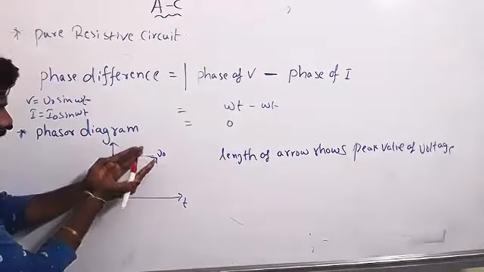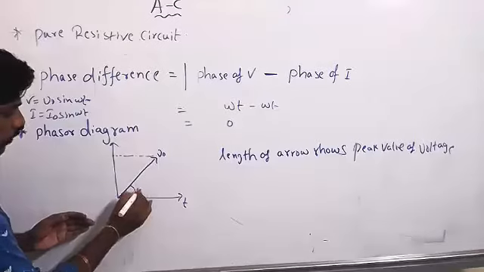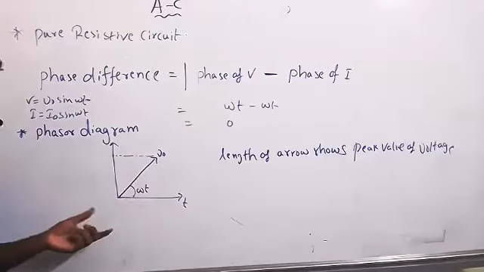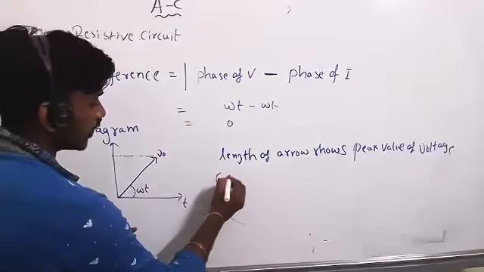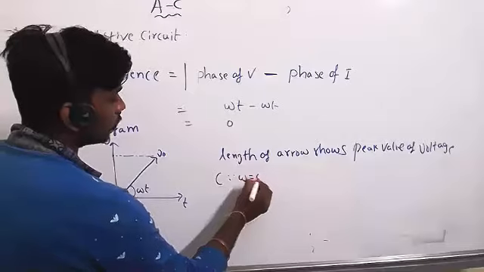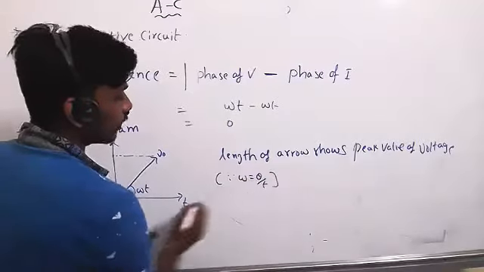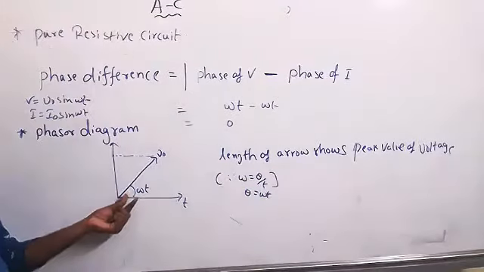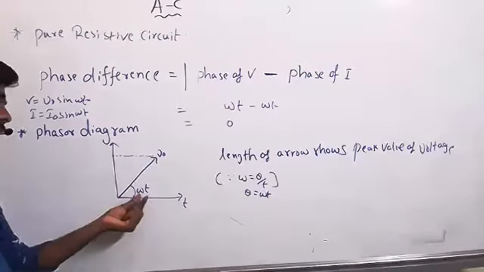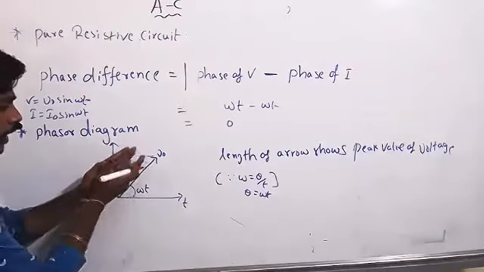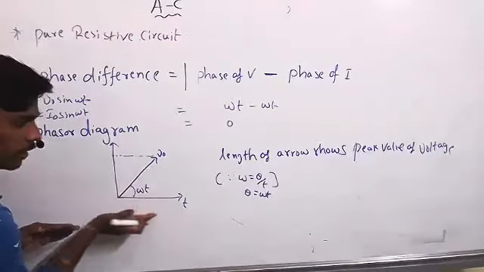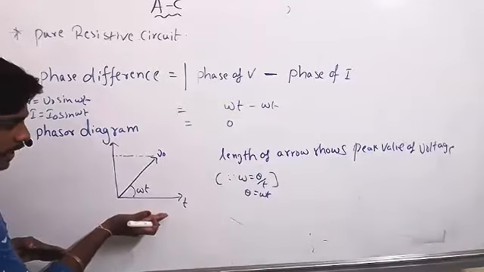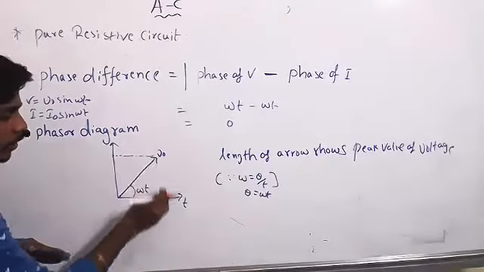Now this omega t is nothing but theta. Since omega equals theta by t, theta is equal to omega into t. So I have considered this omega t as theta. If you project this V on the horizontal direction, the x direction, you will get V naught cos theta.